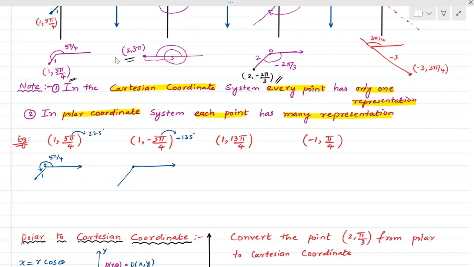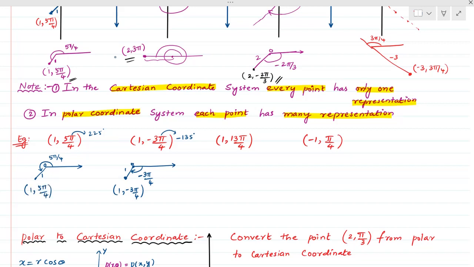And r is equal to 1 again. So you will get here the value minus 3 pi over 4, and r is equal to 1. So this is the point you will have: 1 comma minus 3 pi over 4, and here you will have 1 comma 5 pi over 4.